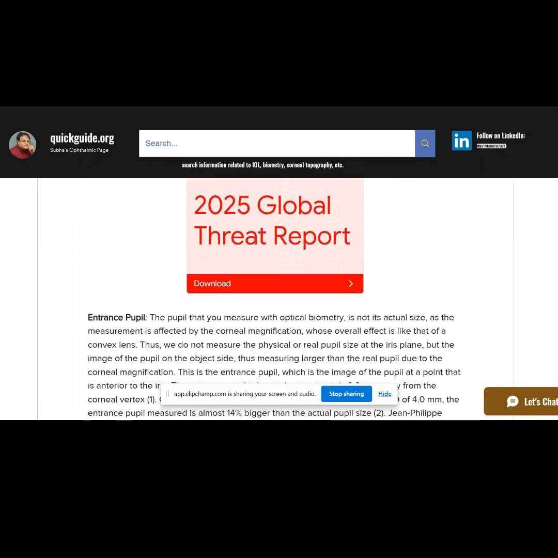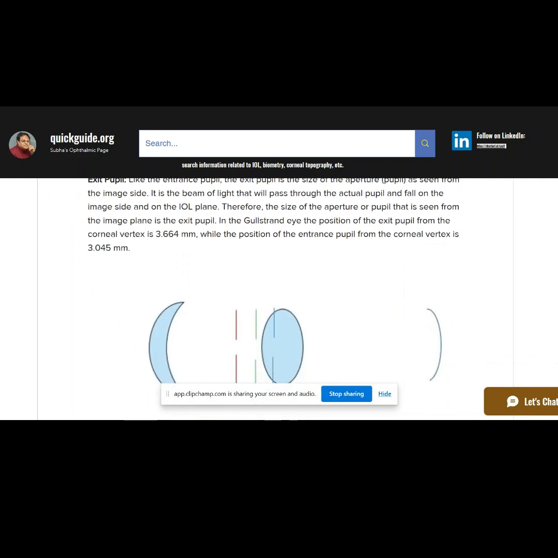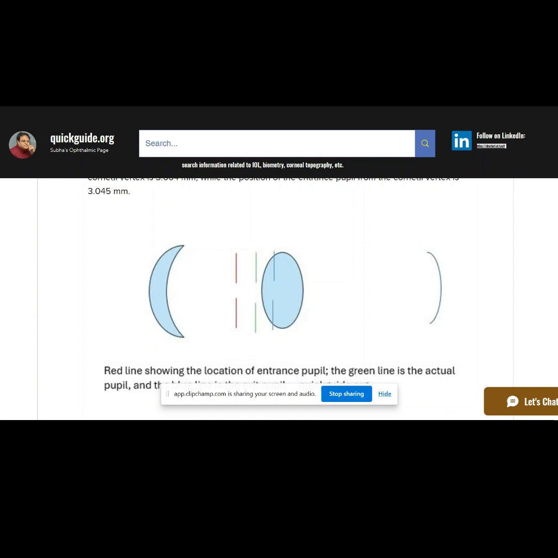I have started with a brief description of what happens when you are measuring the pupil. Say, for example, you have an optical biometer machine and you're measuring the pupil size. You are actually measuring on the cornea.